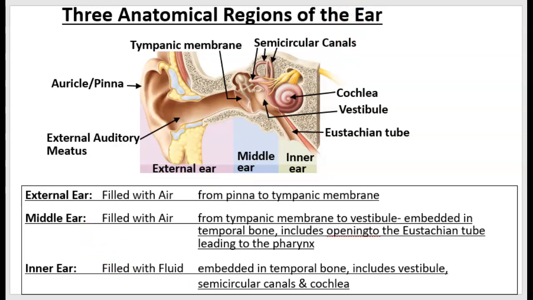Now let's look at the middle ear. The middle ear extends from the tympanic membrane to the vestibule. And the vestibule is this part of the inner ear, but there's a wall there. So you can kind of see that this is the wall of the vestibule.